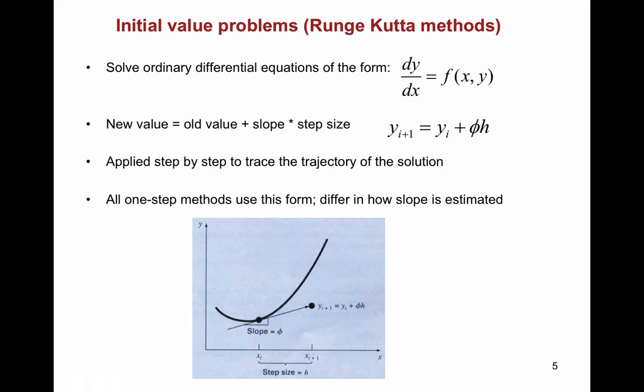What is the most important calculus formula? Taylor series. What this is saying is that yi plus 1, which is y of xi plus 1, minus y of xi, is approximately equal to phi, which is my slope, so that's y prime of xi times xi plus 1 minus xi.